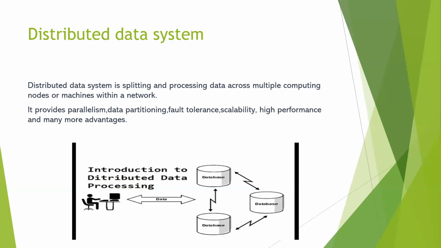So it is very easy to search for specific data. For example, if we have partitioned the data on the basis of some range, say from 1990 to 2000, 10 years of data is available on this node, the next 10 years of data is available on machine 2, and the next 10 years is available on machine 3.